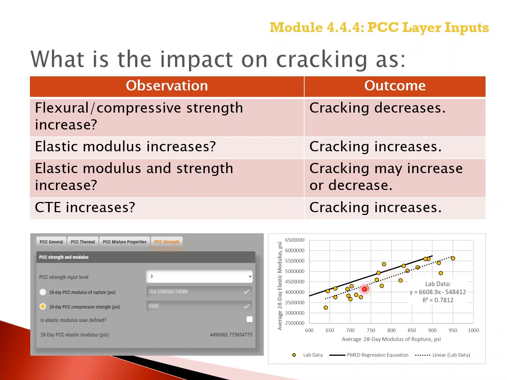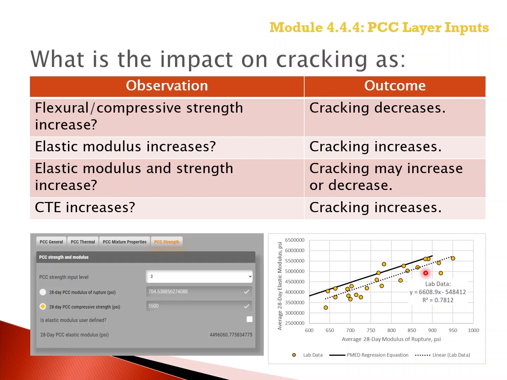As the elastic modulus increases and strength increases, in other words, following one of these lines, the impact of cracking may increase or may decrease. It really depends on how the strength increases relative to the increase in elastic modulus as displayed on this graph.